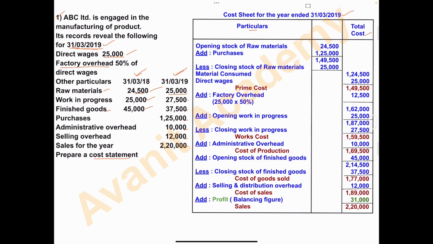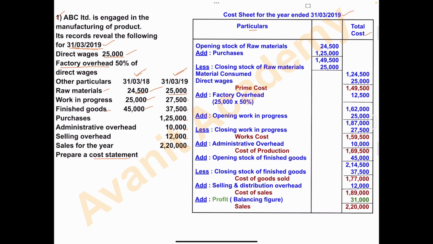First, what do we have to take? Information related to raw material. We have already discussed all this in the format of cost sheet. The cost sheet starts with the opening stock of raw material.